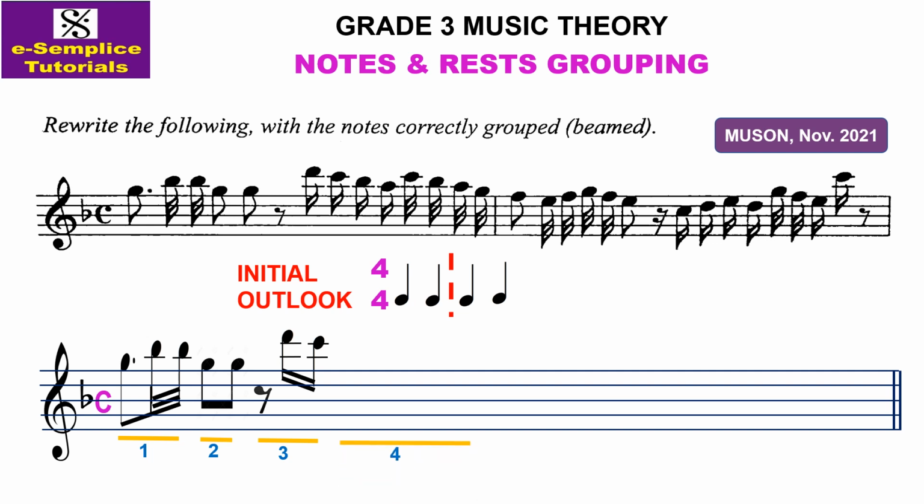Now beat 4. Two semiquavers and 4 demisemiquavers will form beat 4. The total of all those notes should be a crotchet, which is the fourth beat, beat 4.